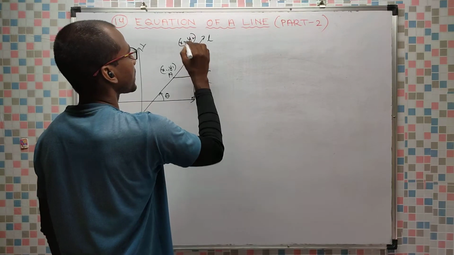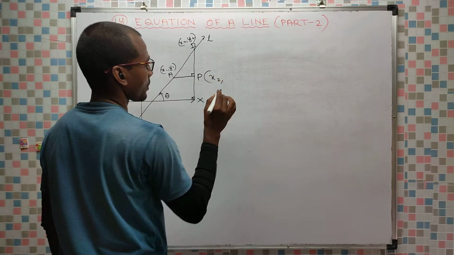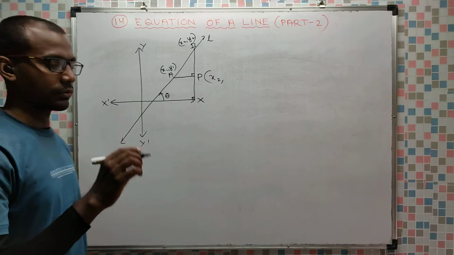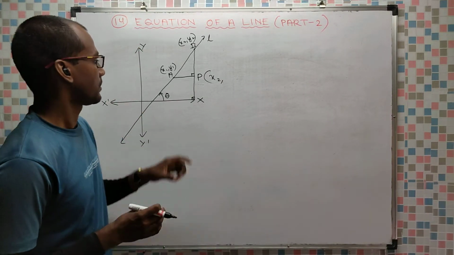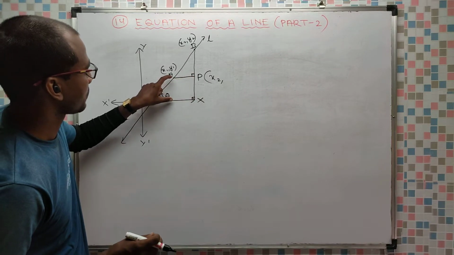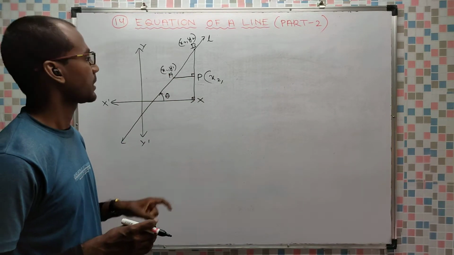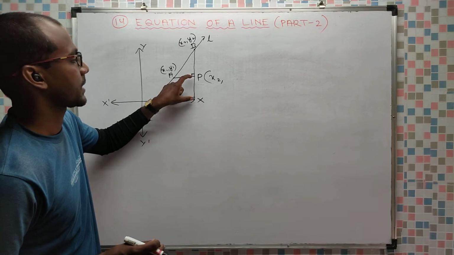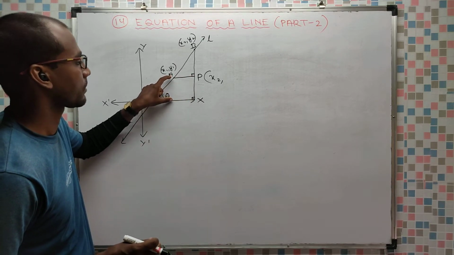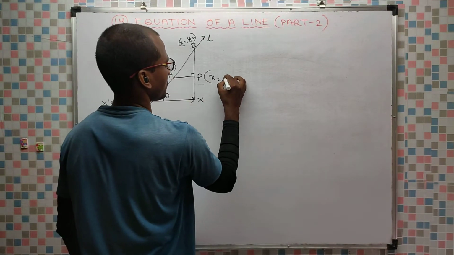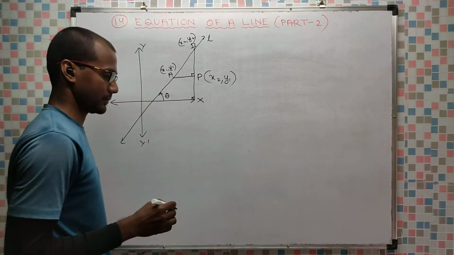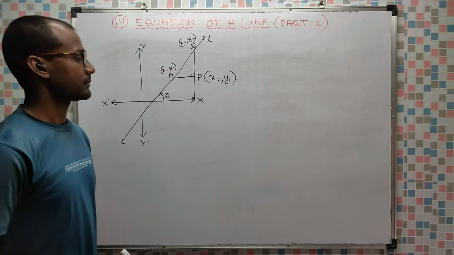X coordinate of B is x2, x coordinate of P will also be x2. Then y coordinate. Y coordinate means distance of a point from the x-axis, and this is equal to this. The distance of point P from the x-axis is equal to the distance of point A from the x-axis, so the y coordinate will be same, y1. Now what is AP?